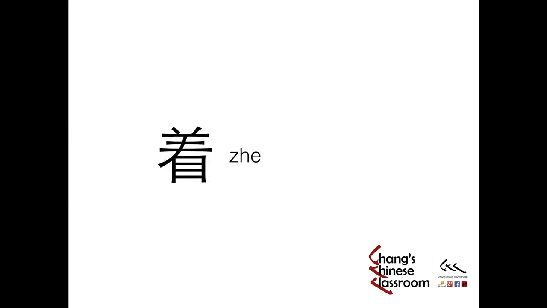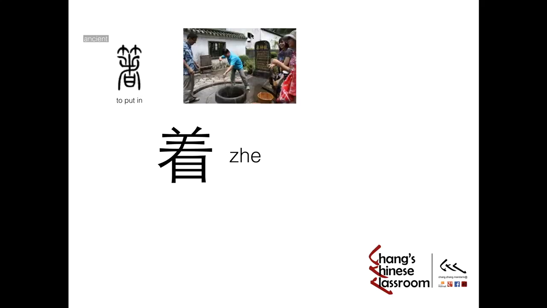Next one, 这, neutral tone. Alright, this is the Asian Chinese character to represent a picture of this. These are two hands grabbing a barrel with a line and putting it into a well like this to get the water.